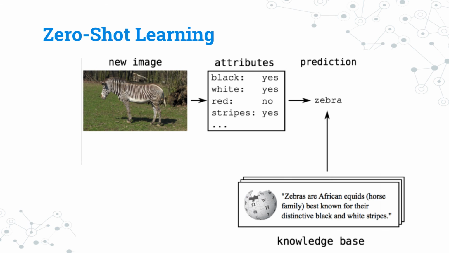You can say that in some sense this might be not quite zero-shot because we have this idea of what a zebra is represented in our knowledge base. But in terms of the actual image task, we've never seen anything that looks like a zebra before. And yet these methods are still finding a way to classify these kinds of images.